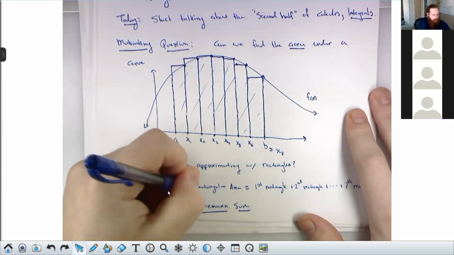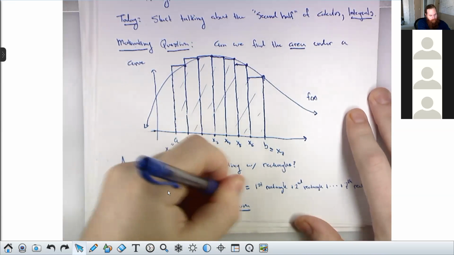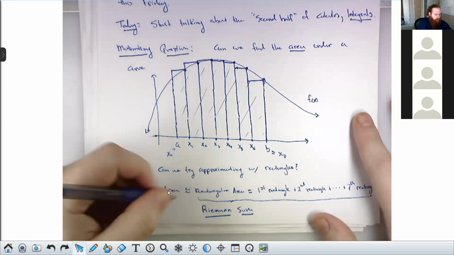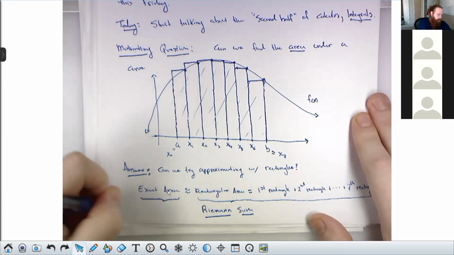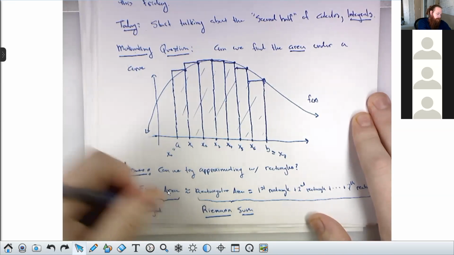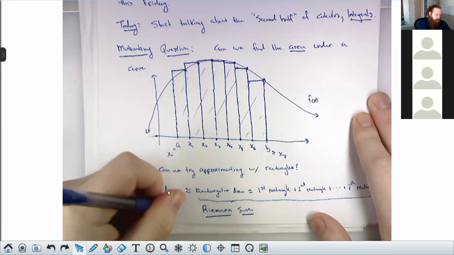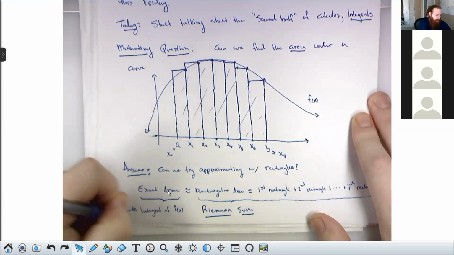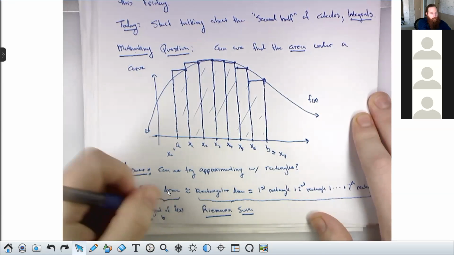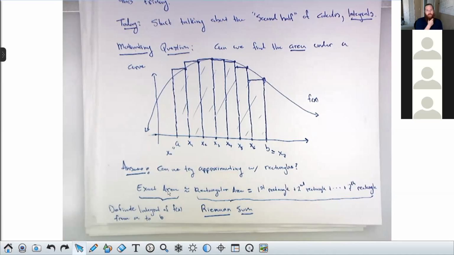So the rectangular areas, which can be expressed this way, are called Riemann sums. This thing is called the definite integral of f of x from a to b. And we have special notation for that also.